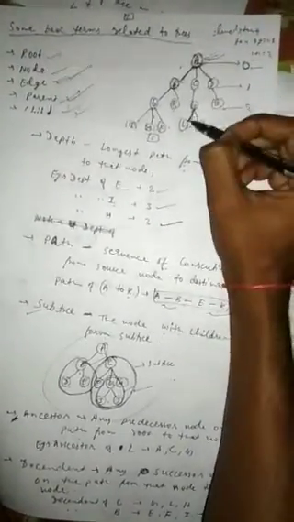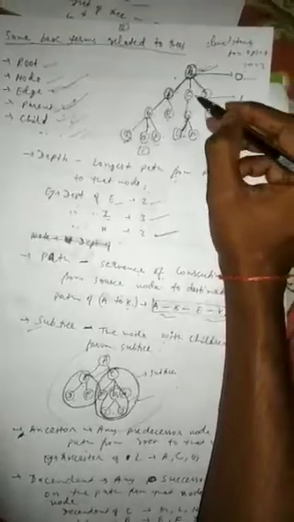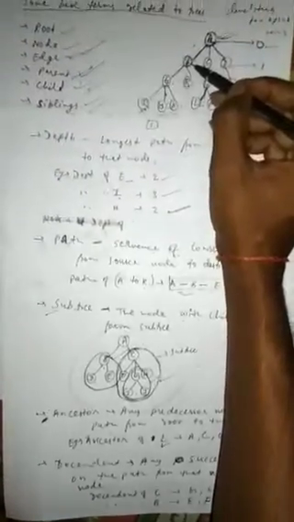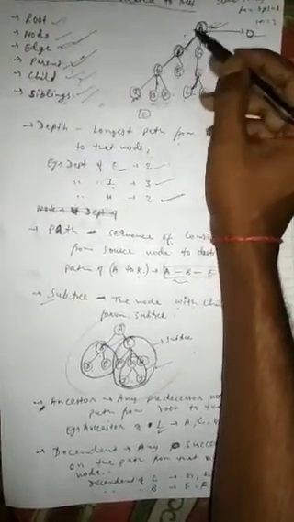Predecessor means the upper part from that node, the upper chain from that node. So what is the upper chain? A, C, G. It means A, C, G are the ancestors of L. Okay, if we take F, what is the ancestor of F? B and A. B and A are the ancestors of F.